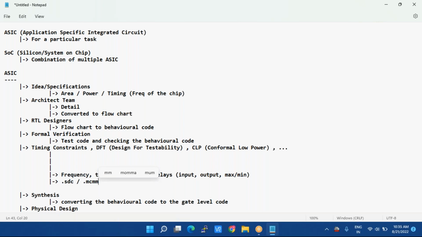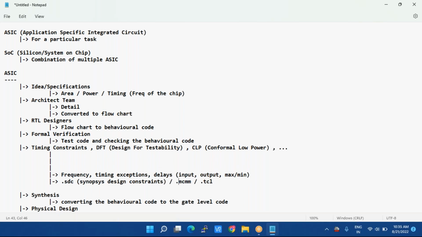In this extension, you will have the SDC timing constraints dumped. And in a few cases, you can have it in the format of a TCL file also. TCL means tool command language. SDC full form is Synopsys design constraints.